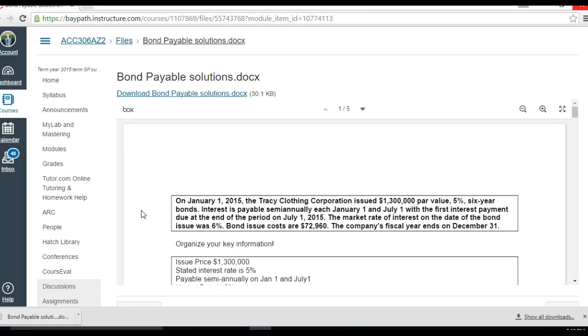We're offering a lower interest than what the market is. So our debt holders can go into the market, the bond market, and get bonds equivalent to ours for 6%. So why would they buy our bond that gives them 5%? They won't. And that's why we have a discount on bonds payable.